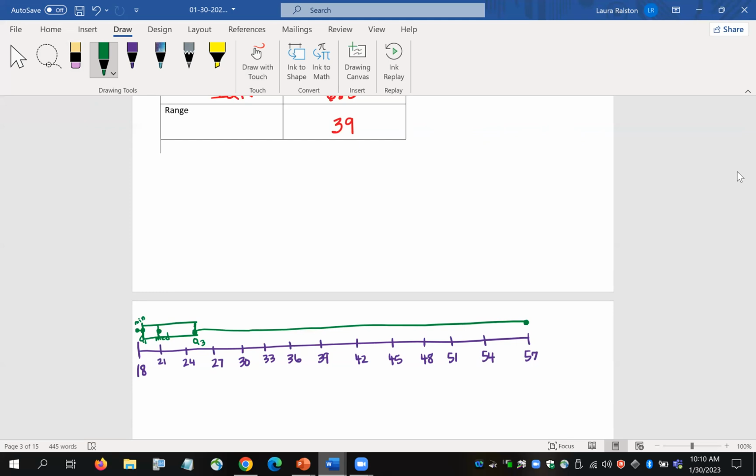It's on the left-hand side. So even the box plot shows that we have a distribution which is skewed to the right. Just like our histogram, this box plot is skewed to the right because the box is on the lower end.